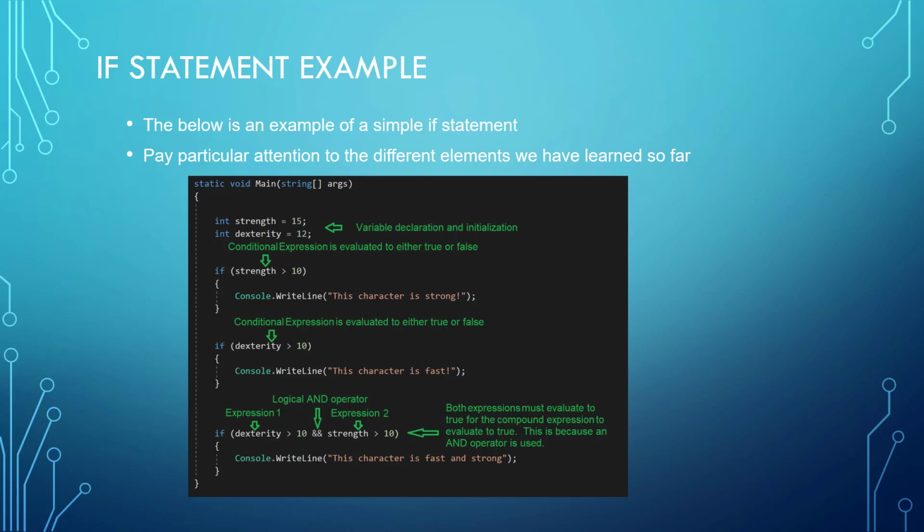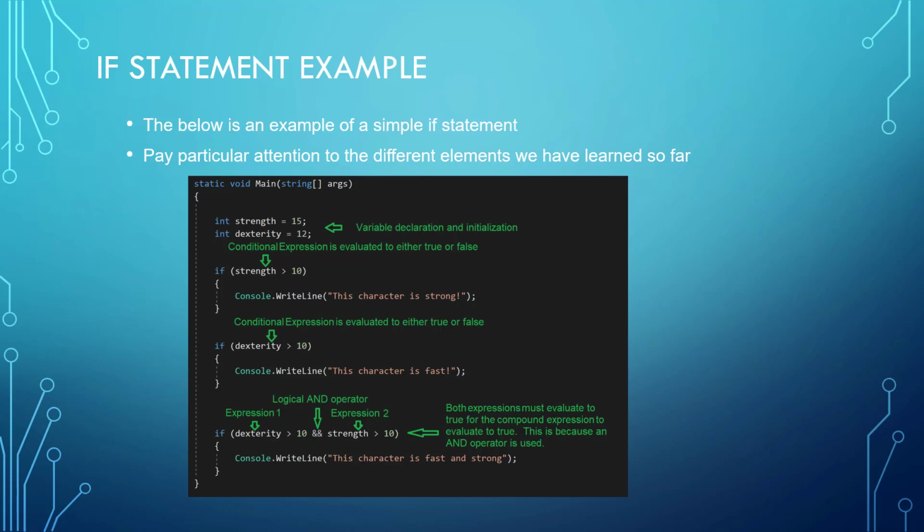Since it evaluates to true, it also will execute the statements that exist between the brackets of the if statement. It'll go into the block of code and execute those statements associated with the if statement. So we would see the sentence, "This character is fast," appear in the console window.